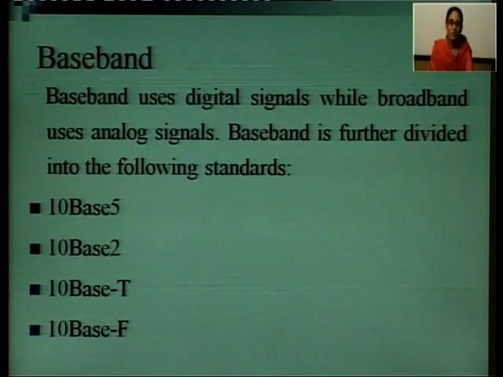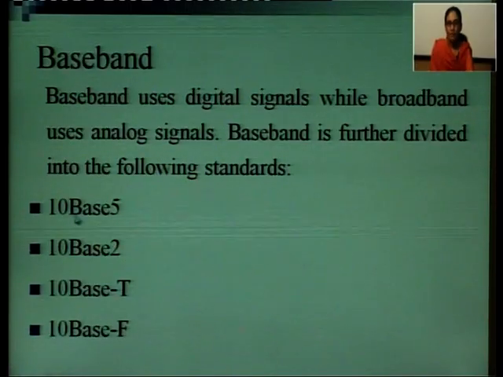Baseband uses digital signals, so it uses Manchester encoding, while broadband uses analog signals, so in this we use PSK encoding. Baseband is basically concerned with digital signals, and it is further divided into these standards: 10 base 5, 10 base 2, 10 base T and 10 base F.